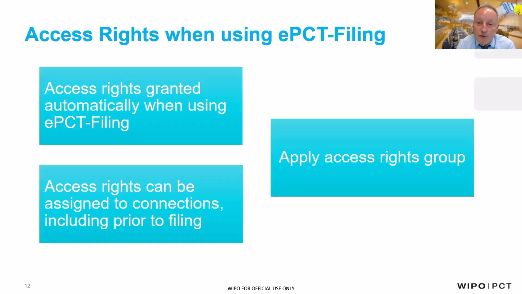And then you can also assign access rights to other colleagues in order for them to have access to the draft application. And you can also apply an access right group, so meaning that you create an access right group in ePCT with different colleagues with whom you have a connection, and then you can assign this group at the time of filing.